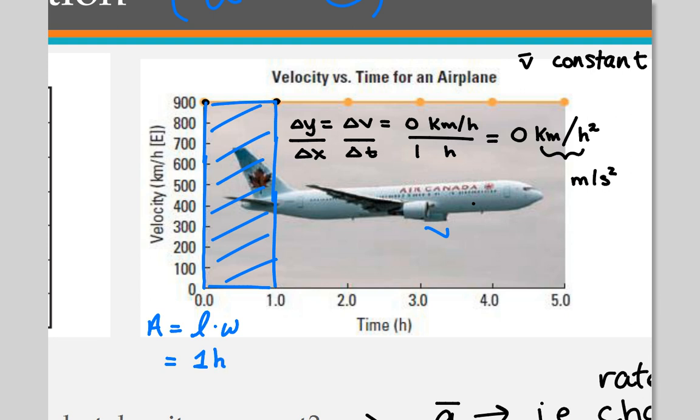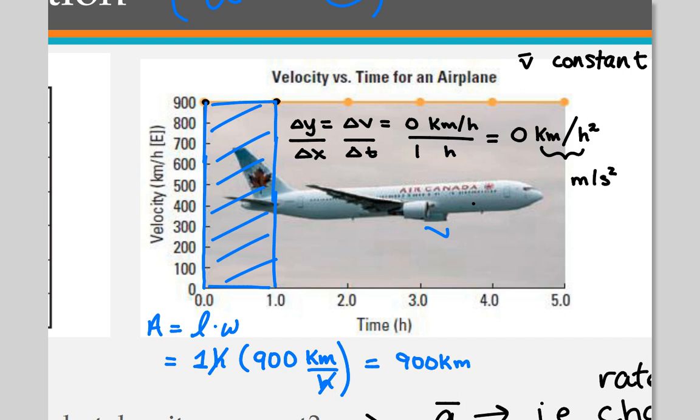And the width? 900, and the unit? Kilometers per hour. Okay, and what do you notice about the units? The hours cancel, and you are left in what unit? Kilometers.